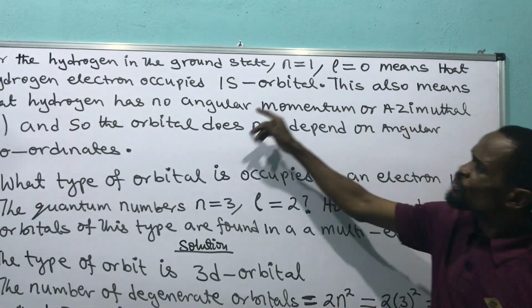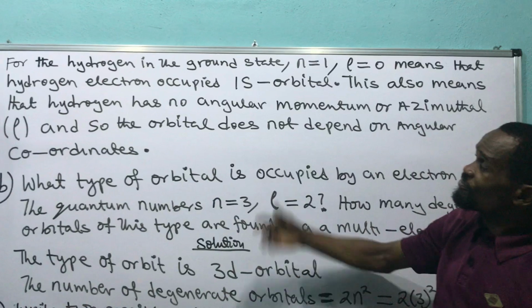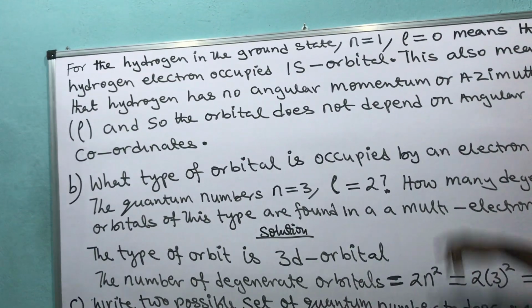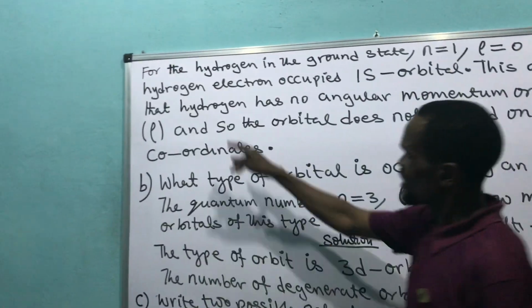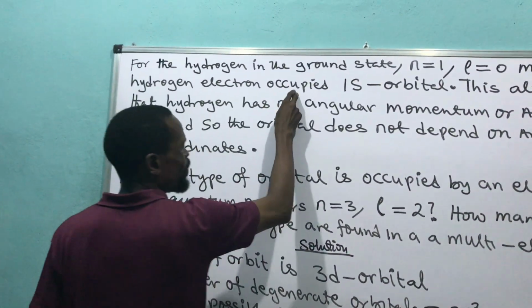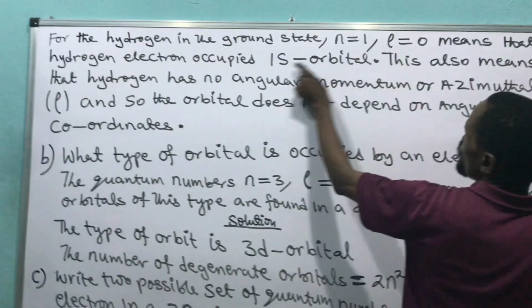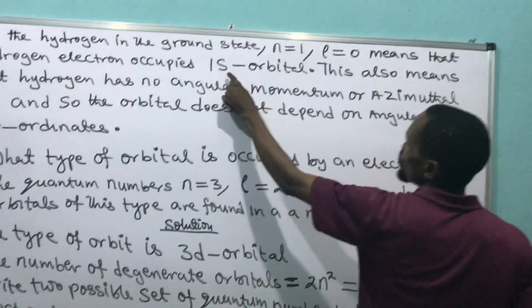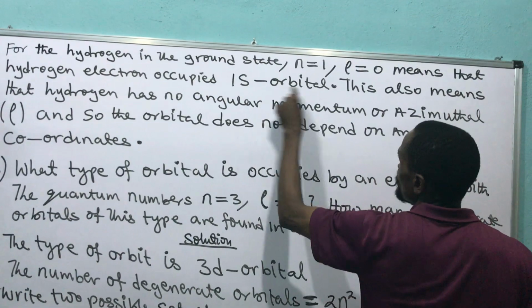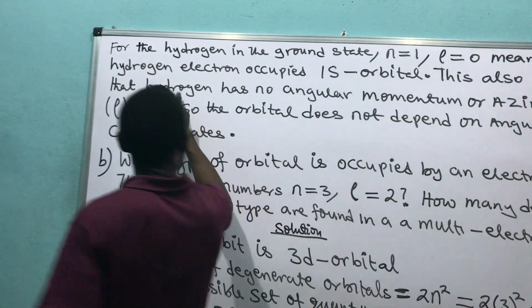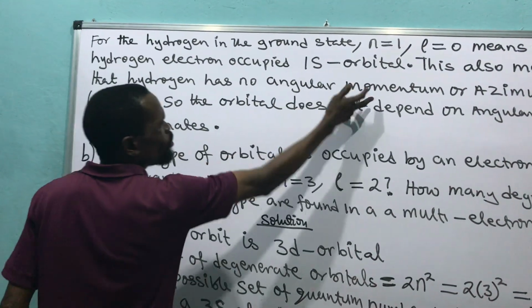If an atom is in a ground state, this one is 1 and this one is 0. That means the hydrogen electron occupies 1s orbital. This one is 1 and this one being 0 means s orbital. This also means that hydrogen has no angular momentum.